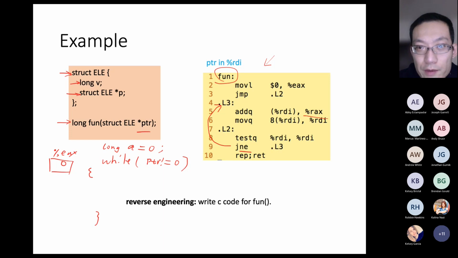So right now, let me give you 2 minutes, and you can try to figure out what should be the C code inside, or how to reverse engineer this blue square. I will give you 2 minutes.